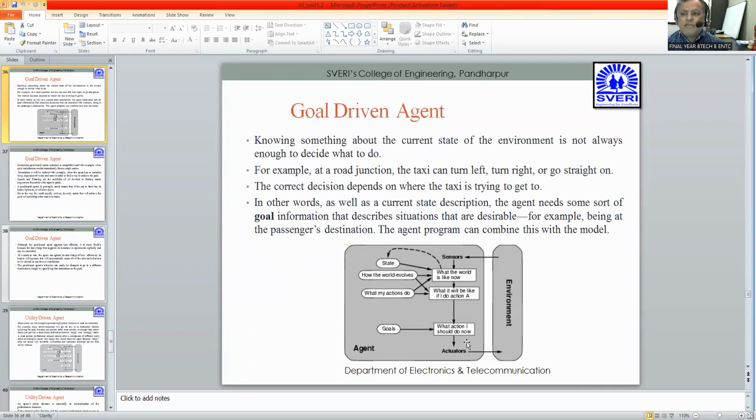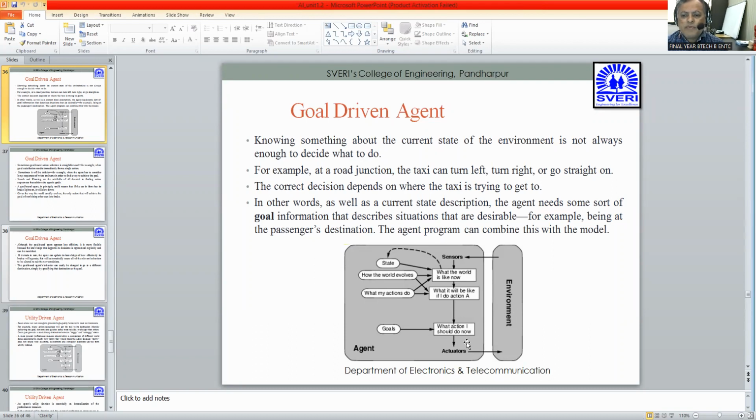So looking at the figure, there is an environment, there is a sensor, there is an actuator. Sensors and actuators are part of the agent. Now, what is happening is that the sensors will give what the world is like now. So a clear picture of the world will be given.